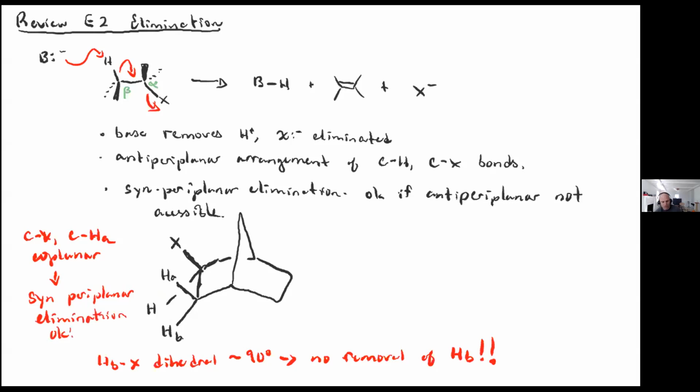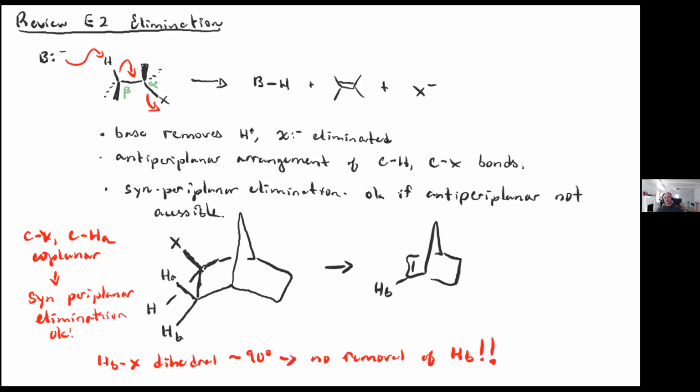If you labeled HA and HB, say replace one of them with deuterium, and you did an elimination, the product that you would form from this substrate would be this here with HB still intact. So you always need to have the CH bond and the CX bond in the same plane. The anti-alignment is favored; call that anti-periplanar.